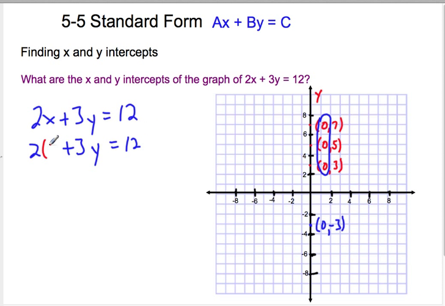So 2 times 0 is 0, and plus 3y equals 12. So we know that y is going to have to be equal to 4. So right away I know that (0, 4) is going to be the y-intercept.